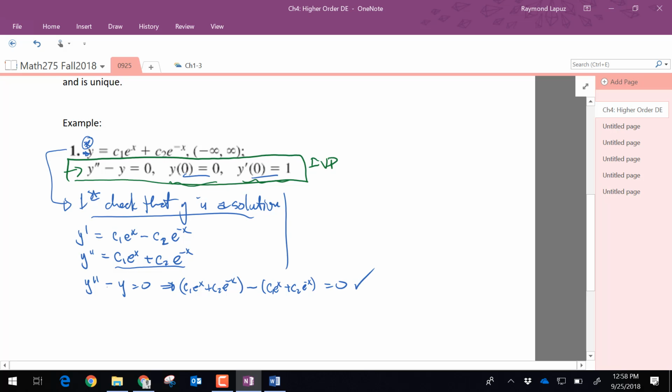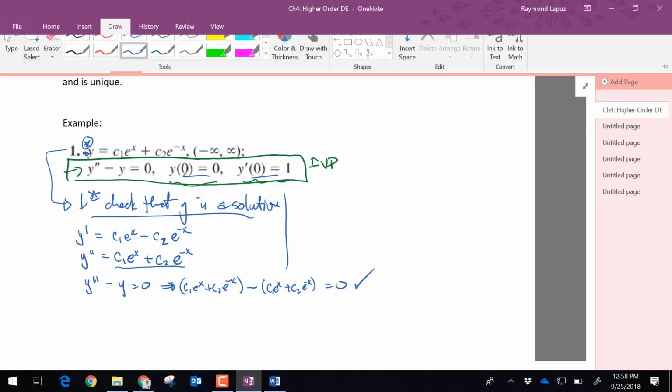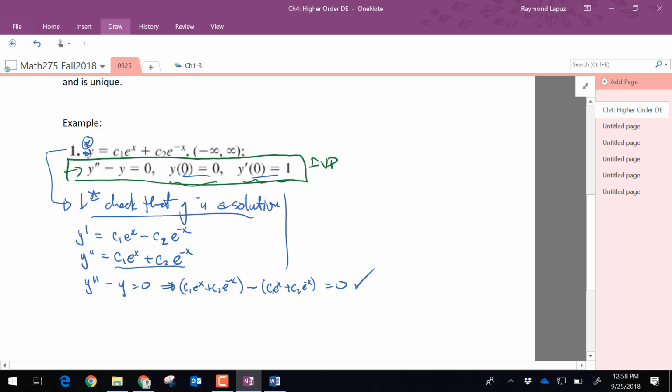And that is 0, so that checks out. So let's just be clear on what we just did here. We got y double prime minus y is equal to 0. So we can say, okay, that worked.